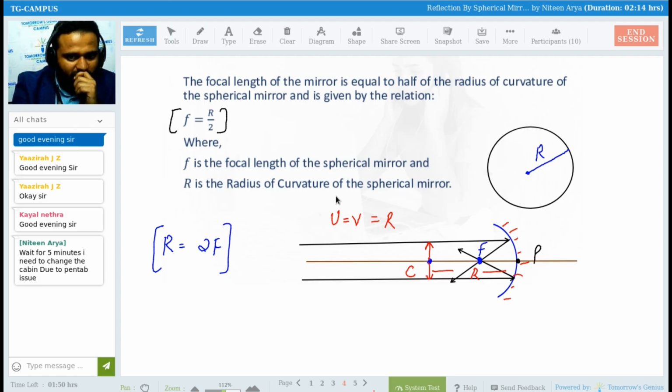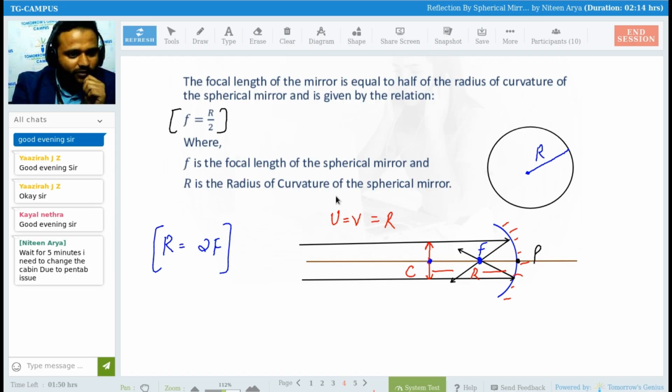Sign convention, we are going to do that. Focal length of mirror formula, and the cases, obviously. Image formation cases, we are going to revise. Properties and derivation of the mirror formula, we are going to do. That is purely theoretical, but it is necessary.